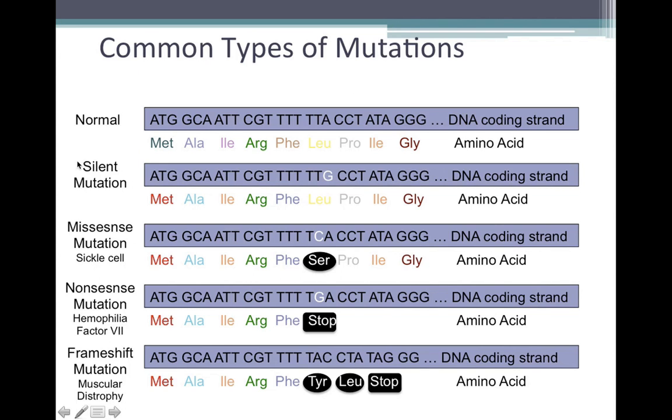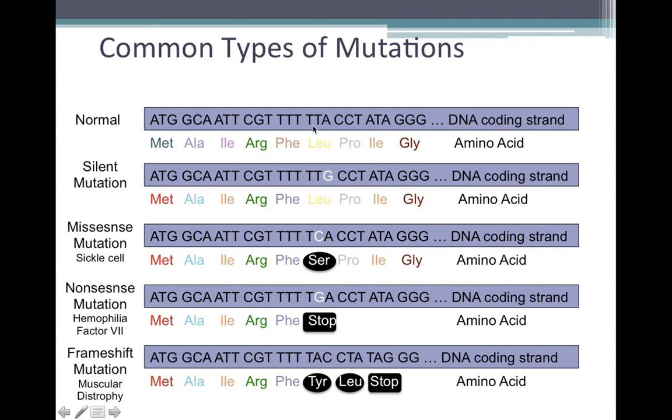So an example of one type of mutation is called a silent mutation. The reason why it's a silent mutation is that it's a type of mutation that actually does not change the type of amino acid that's encoded. If you look here in this particular column, with this particular mutation, an adenine was mutated into a guanine.